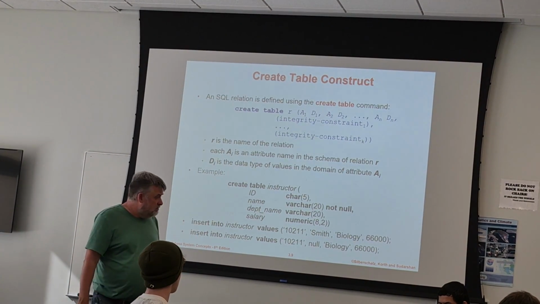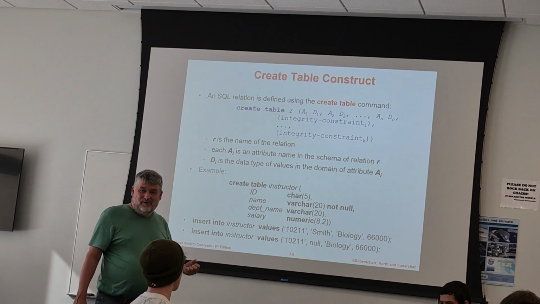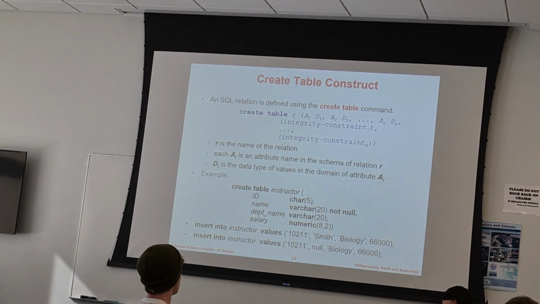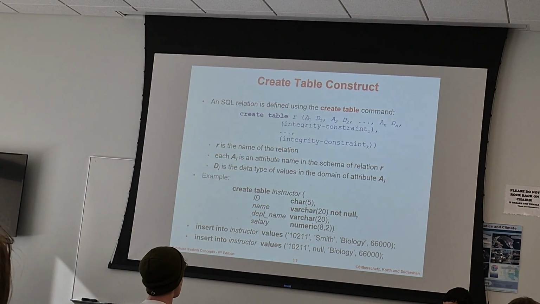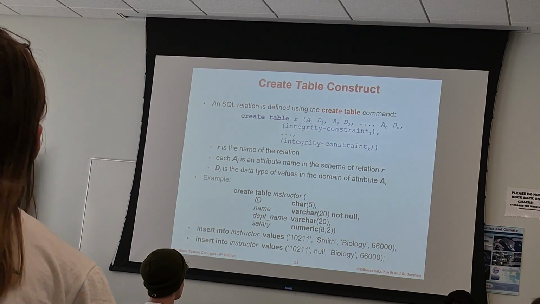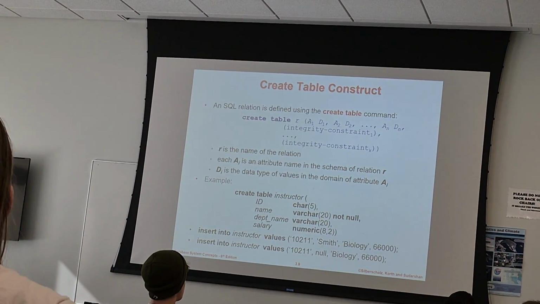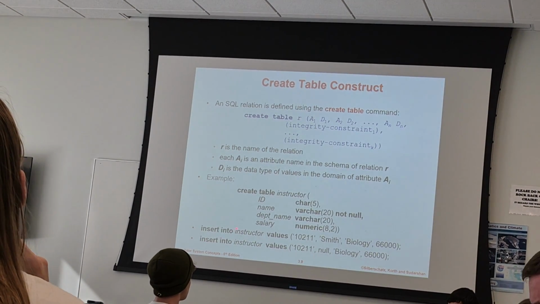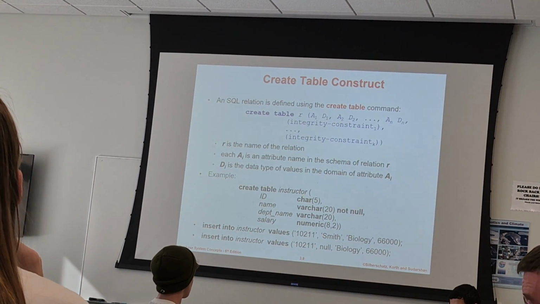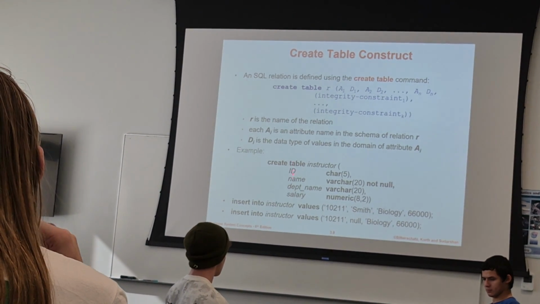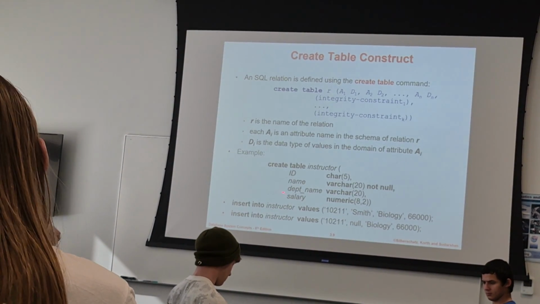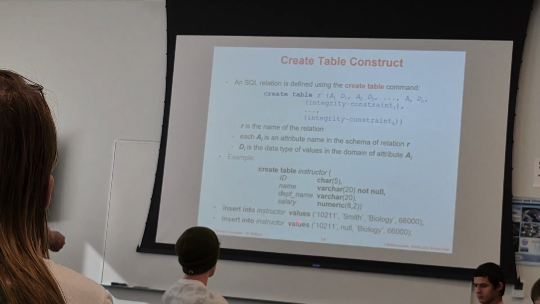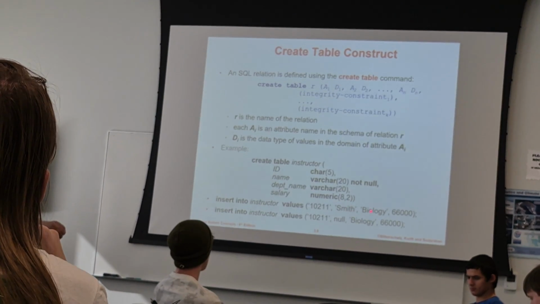Now, I haven't talked about the insert into command, but you might conclude from the verb insert and the preposition into that insert into inserts values into a particular table. And we are saying which table we're inserting them into. Since this table has an ID, a name, a department name string, and a salary of some sort of floating point number, I see a string and a string and a string and a number.